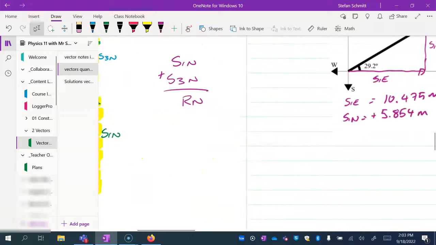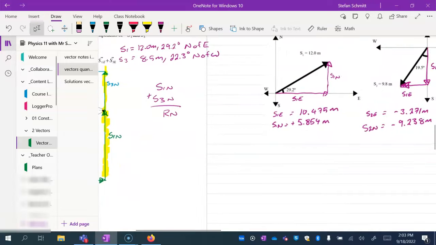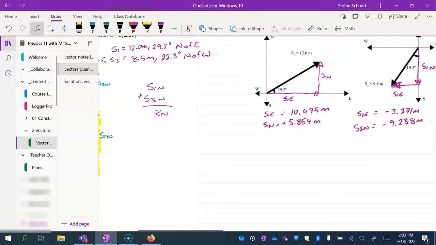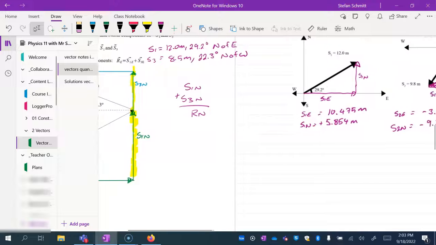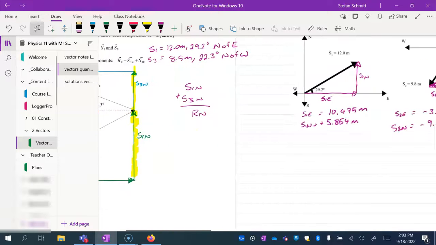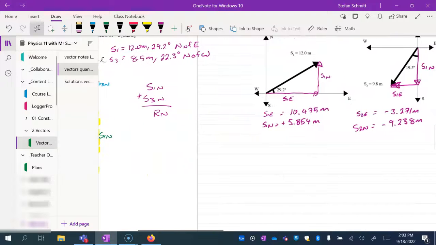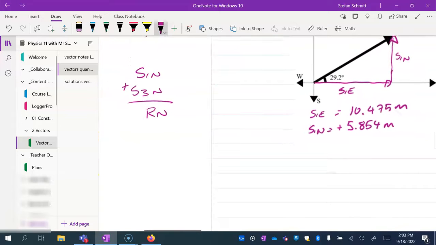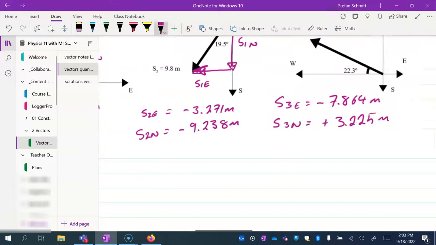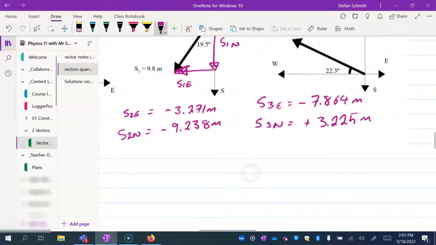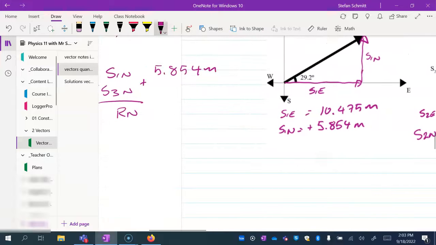Let's go ahead and use the values that we found previously to calculate this vector here. So S1 north equals 5.854 meters plus S3 north, which is 3.225 meters.